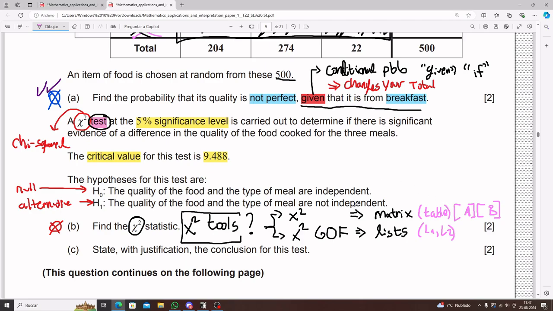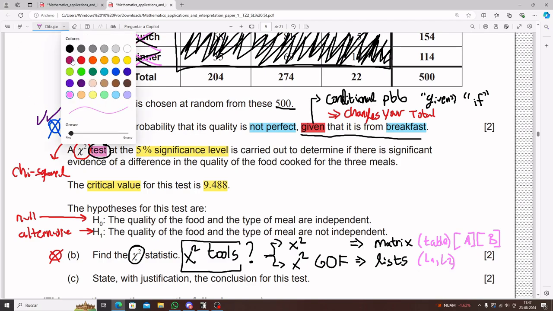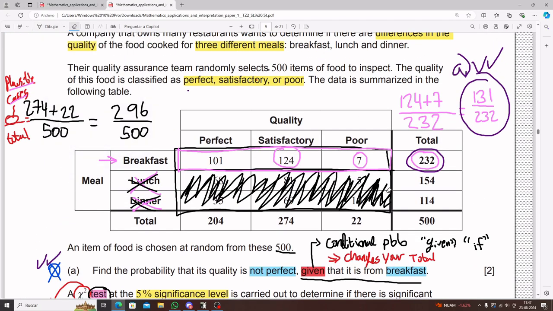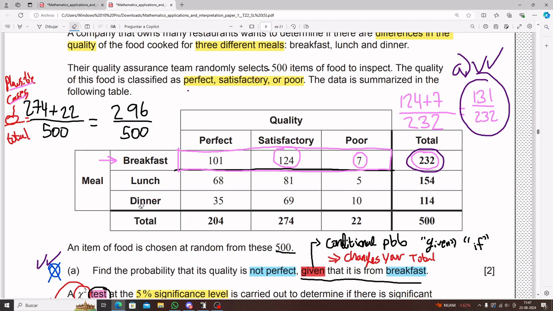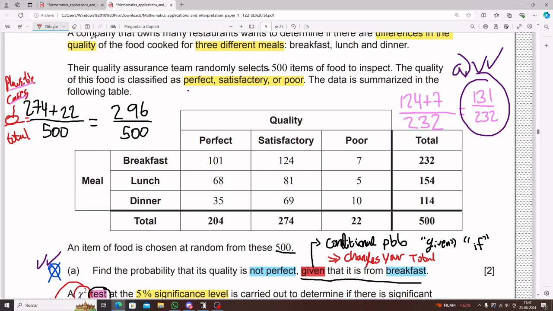So right now we just established, okay, the two main tools are chi-squared and chi-squared GOF. Chi-squared GOF is asking for lists. Here I don't have a list. Here I have a table. And you might be thinking, oh, but I can put 3 lists. You can only put 2. L1, L2. Okay?